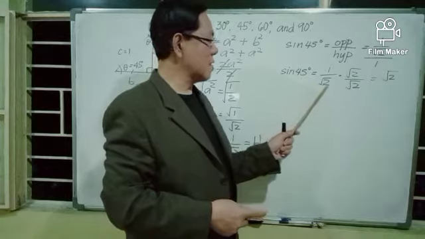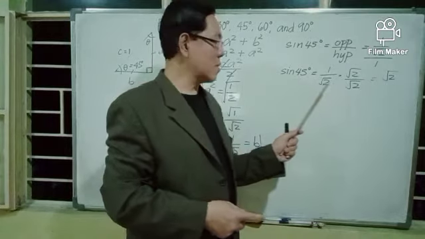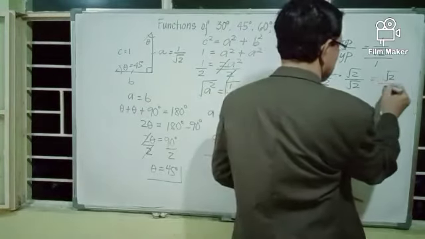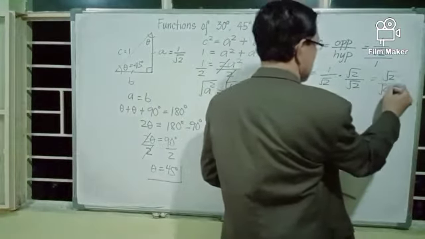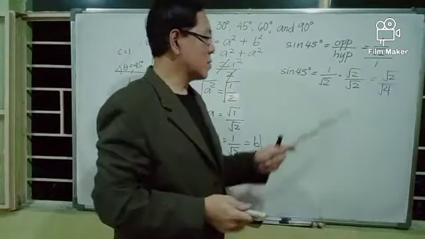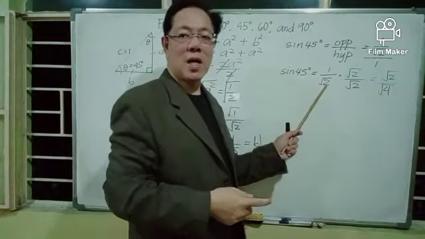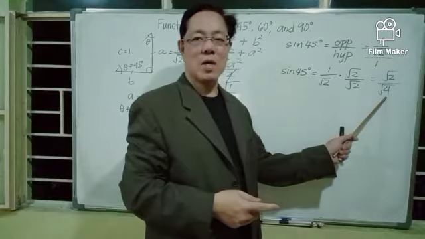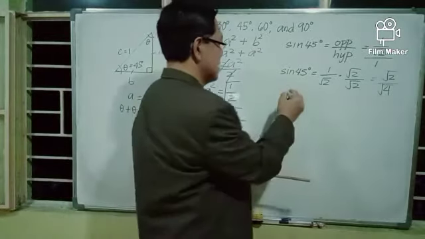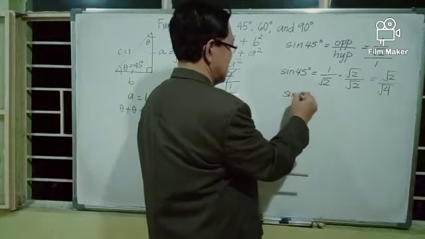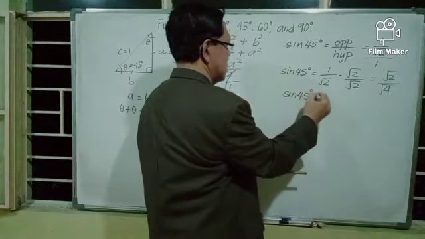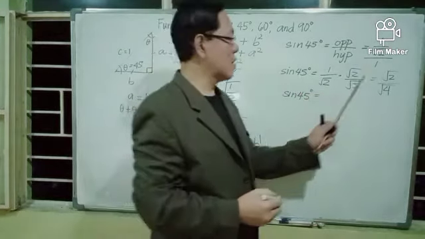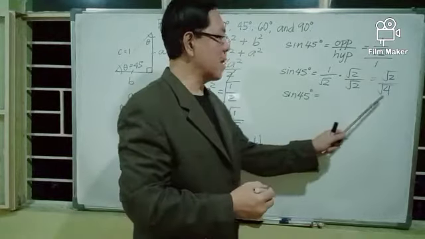The common index here is 2, since for a square root the index is 2. We multiply the radicals, 2 by 2 equals 4, and the square root of 4 is 2. Hence, the sine of 45 degrees equals the square root of 2 divided by 2.